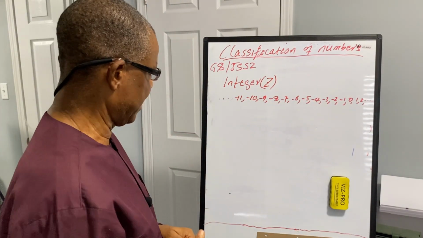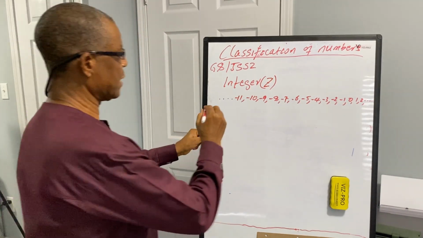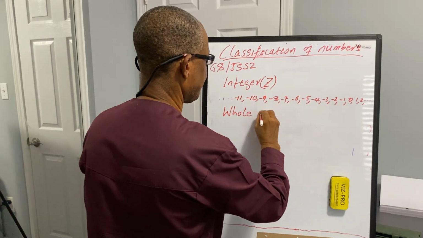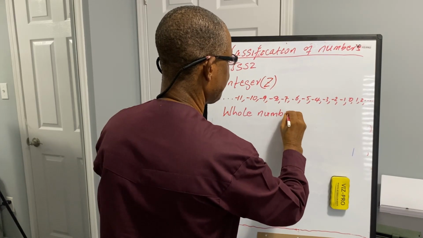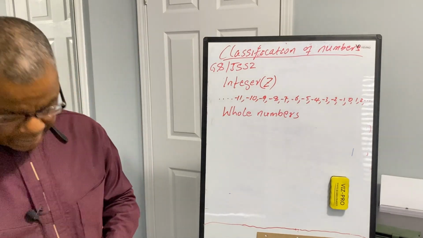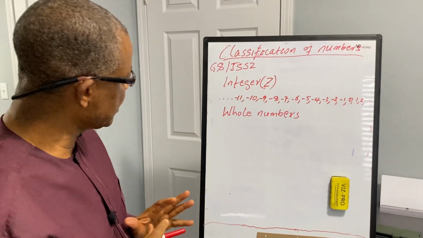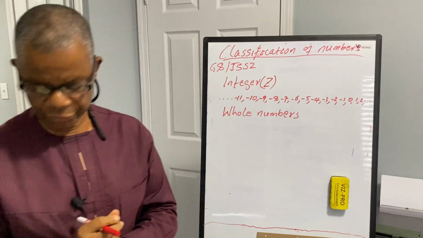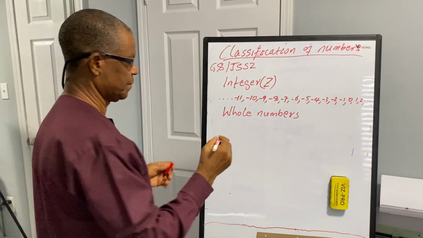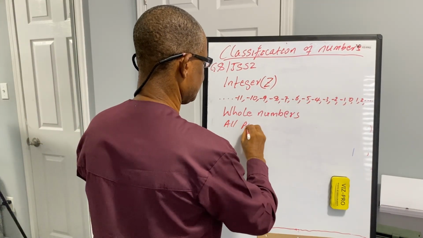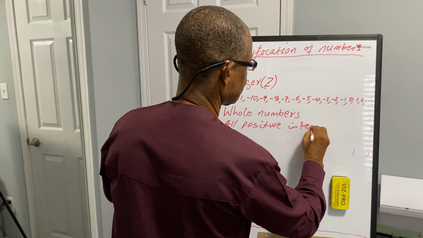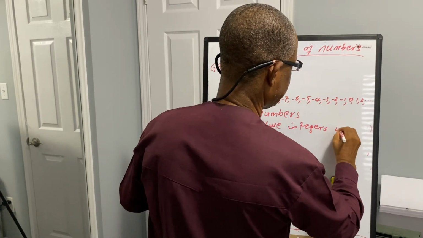That is integer. Then we have another classification, whole numbers. Whole numbers are all the positive integers, including 0.